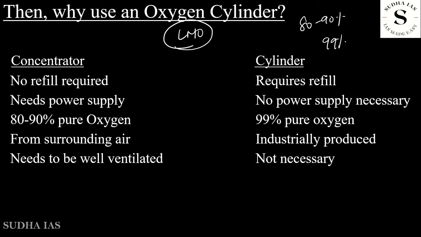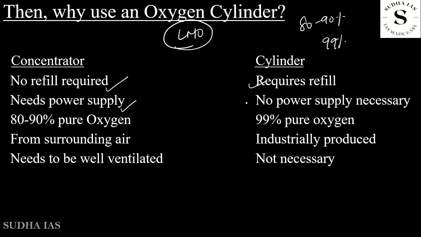When it comes to an oxygen concentrator, it is not necessary for a person to refill it as it makes use of oxygen from the surrounding atmospheric air, whereas an oxygen cylinder needs to be refilled as it gets emptied and used. The other important thing about an oxygen concentrator is that it always needs a continuous power supply and may not be useful in regions where you do not have regular power supply.